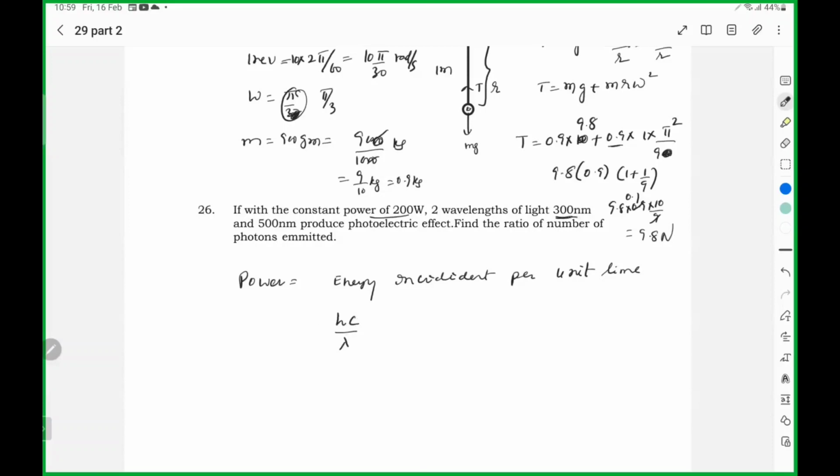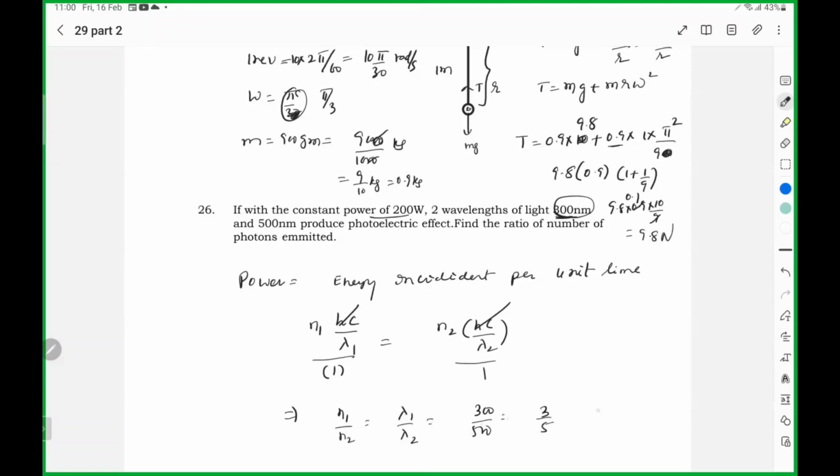With one wavelength in unit time, he said constant power, equating power, so hc get cancelled, lambda 1 by lambda 2.